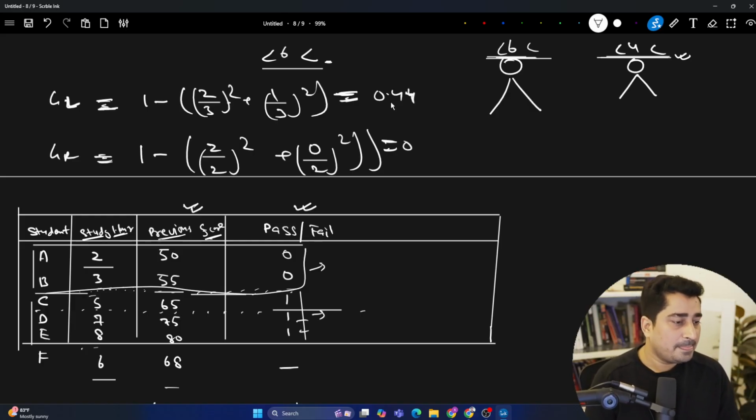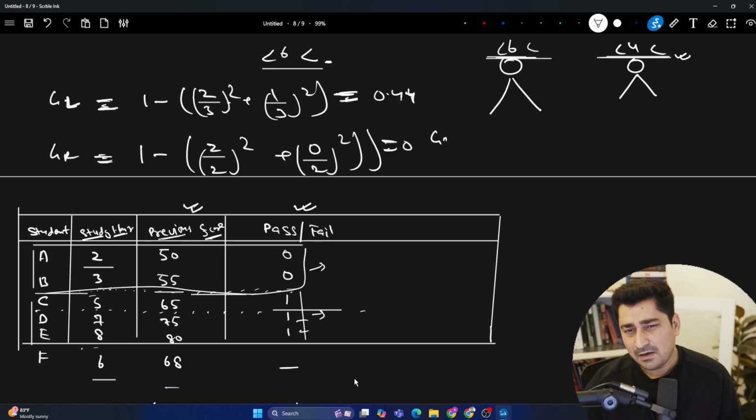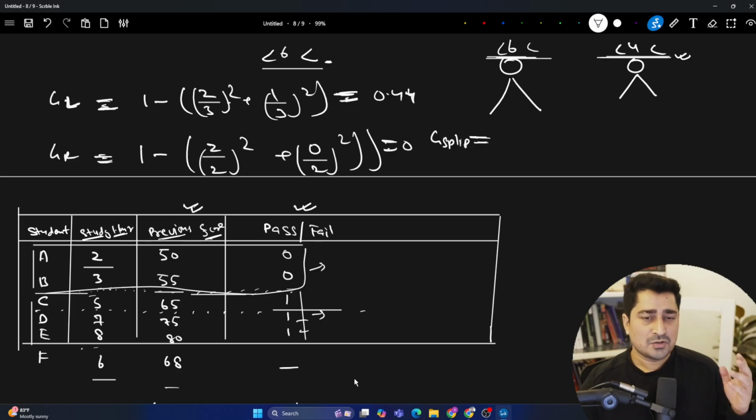So here, what we have to do is find out a Gini for a split. If I have to find the Gini for a split at 6, what is the total number of data we have? 5, okay?